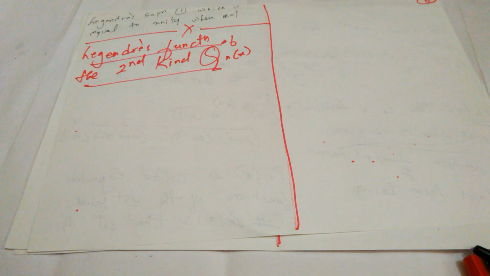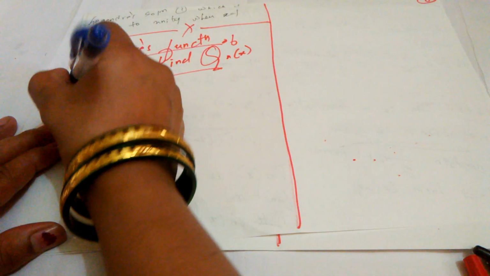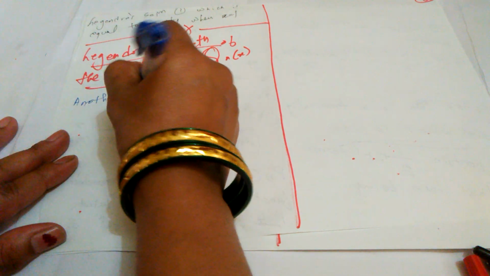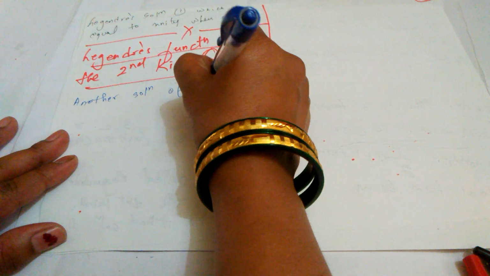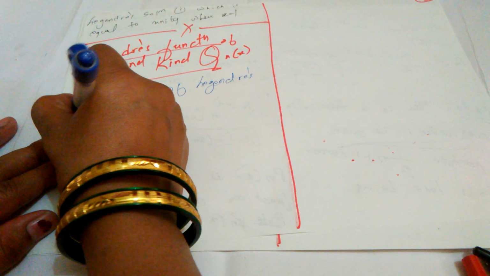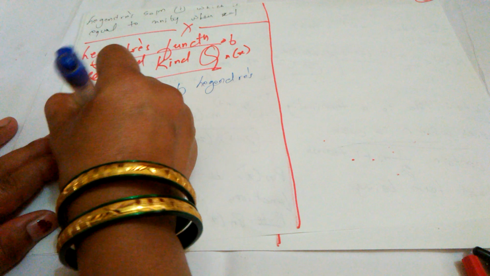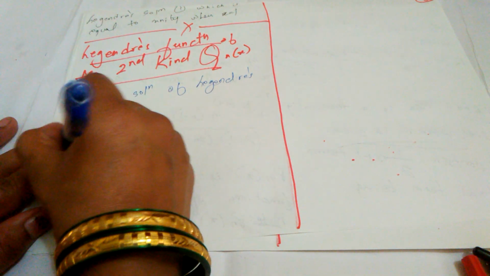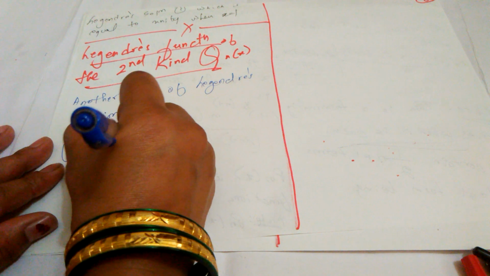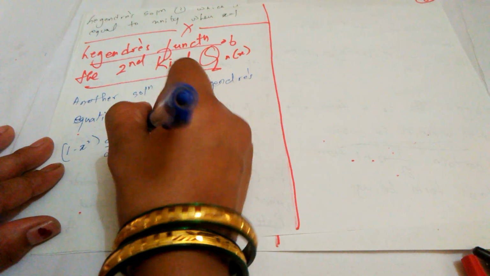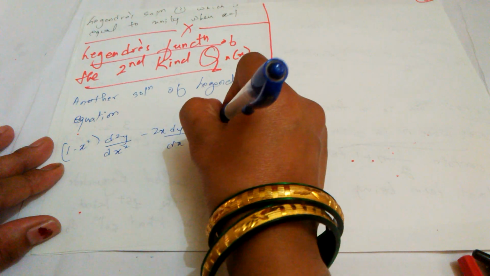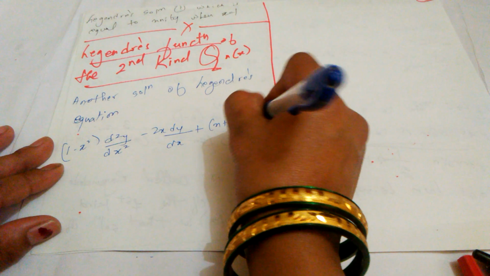Another solution of Legendre's equation. This is not a big proof, we are just doing the substitution. So Legendre's equation, as we are thorough with this, 1 minus x square d square y upon dx square minus 2x dy by dx plus n into n plus 1 into y is equal to 0.